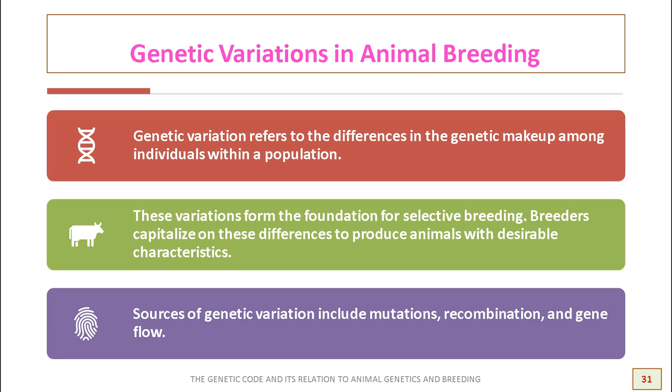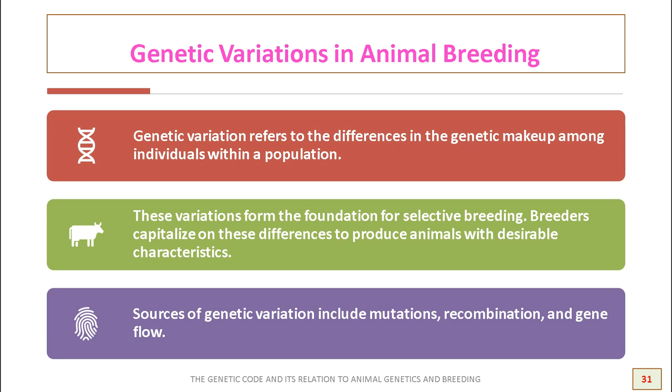Usually the animal breeders can capitalize on these differences to produce animals with the desired genetic material, for example an animal with high milk production, high meat production, high wool production, and also disease resistant genes.